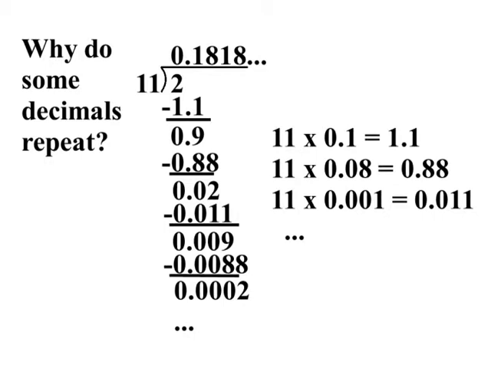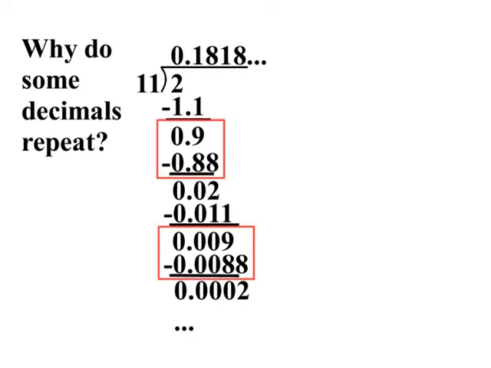0.08 times 11 gives us 0.88. We subtract that off, and we get 0.02. Now you'll notice, other than the decimal place, we've just gotten back to where we started. We started with 2, now we have 0.02.